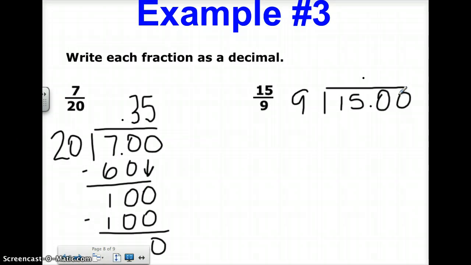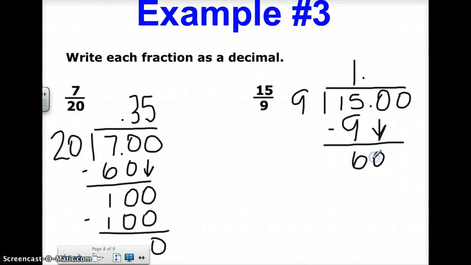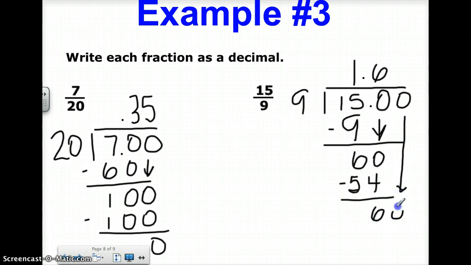Yes, it can go in one time. When I subtract, I get 6. Bring down a 0, which is 60. 9 divides into 60 6 times. 6 times 9 is 54. When I subtract, I get 6. I'm going to bring down my 0.